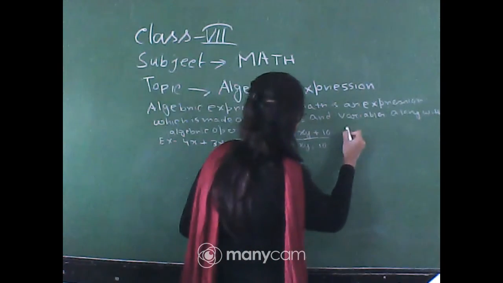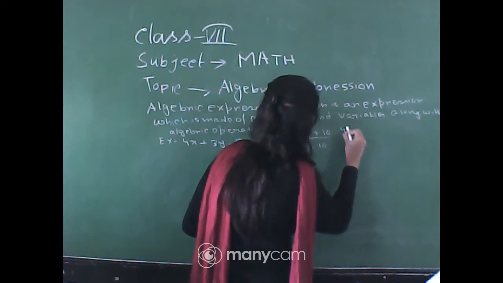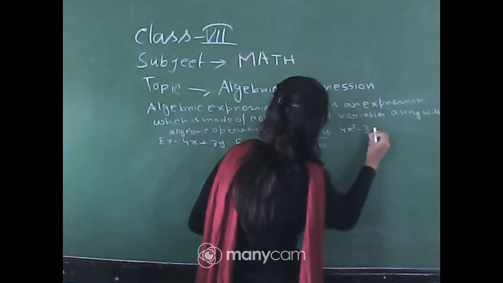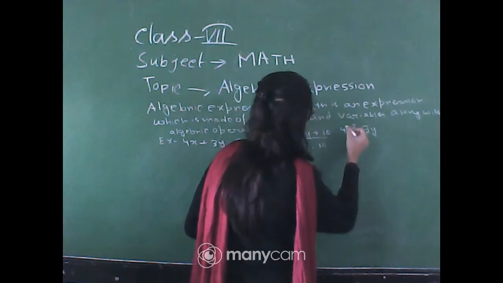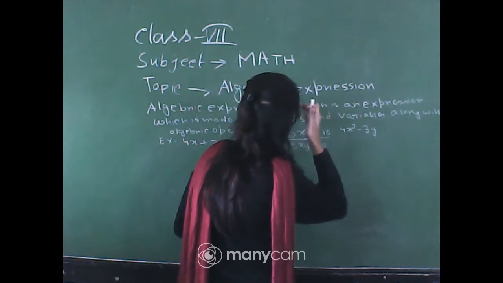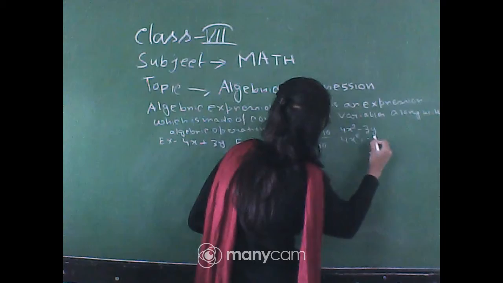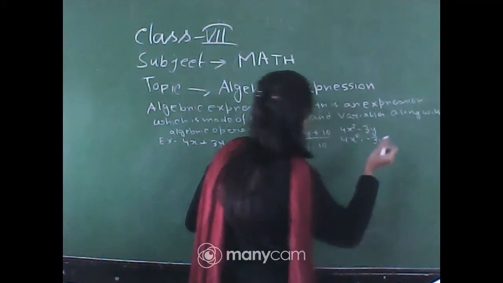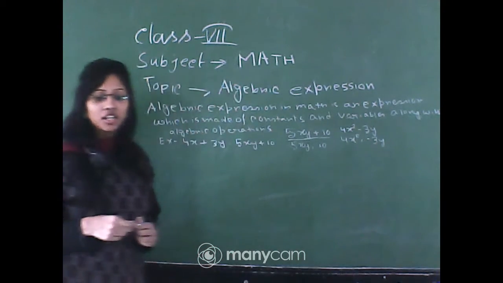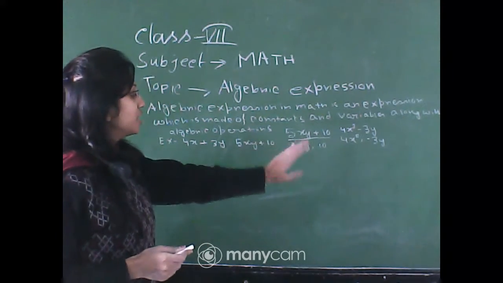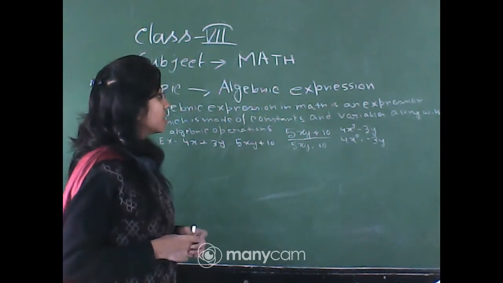If we consider the algebraic expression 4x squared minus 3y, then the terms are 4x squared and minus 3y. The negative sign is also included in the term.